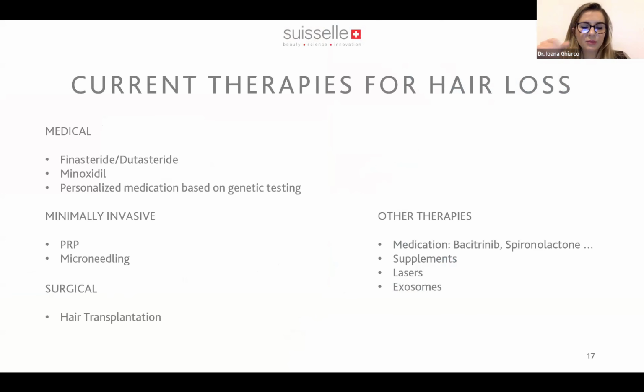As minimally invasive procedures, of course, now I have introduced the Cell Booster Hair in my practice, alongside PRP and microneedling, and at a later stage, or where the patients want this from the beginning, we can go for hair transplantation.